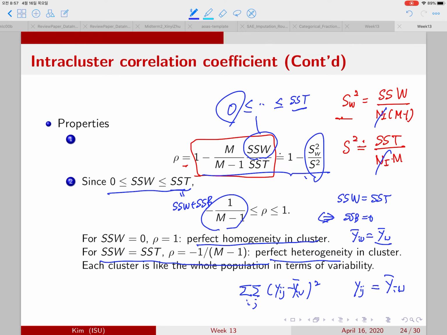In practice, clusters are kind of homogeneous; the elements have a little bit of homogeneity in reality. So we don't have perfect homogeneity, but usually rho will be mostly positive. The higher, the more positive, the more homogeneity. But anyway, at the other extreme, SSW is 0, which means rho equals 1.